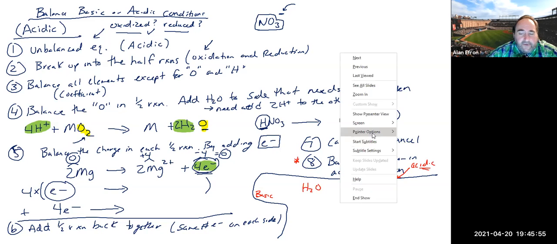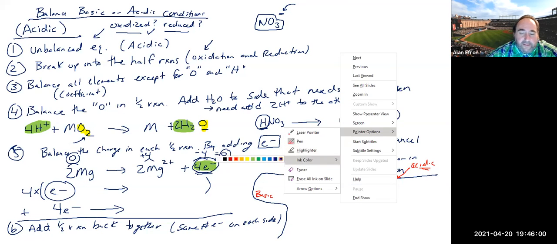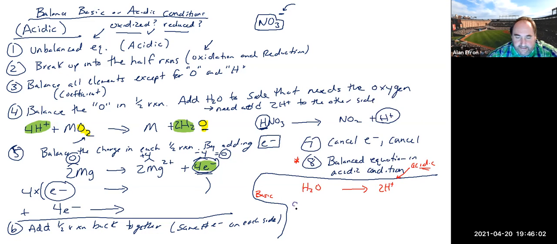To turn it into a basic reaction at this point, you're going to add OH minus to both sides, equal to the number of H pluses you have.